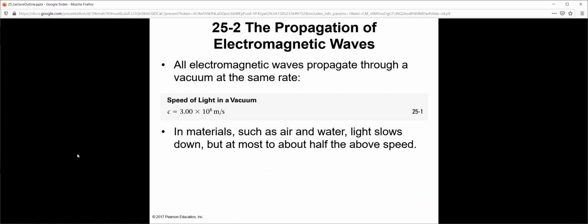All of the EM spectrum moves at this exact speed, 3e8 meters per second. If you are not in a vacuum, light moves slower. We talked about that a bit, and we'll get more into it later. But as you get to a more dense material, air, water, light slows down.